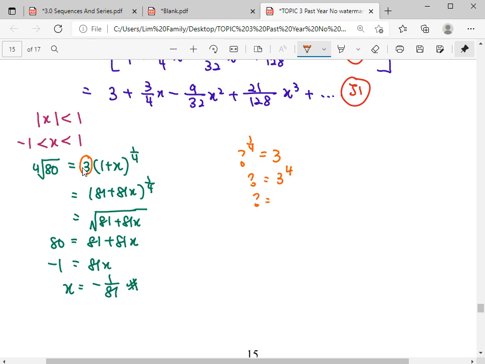That number will be 81. So inside the bracket here it should be 81, so 81 power of 1 over 4. Therefore, it simplifies outside to equal 3.